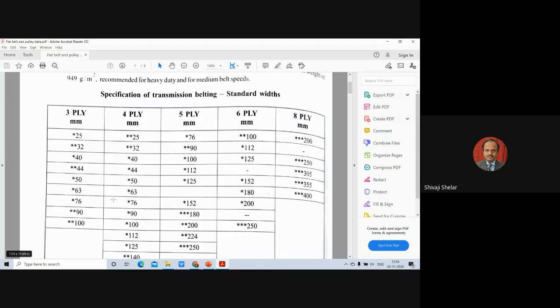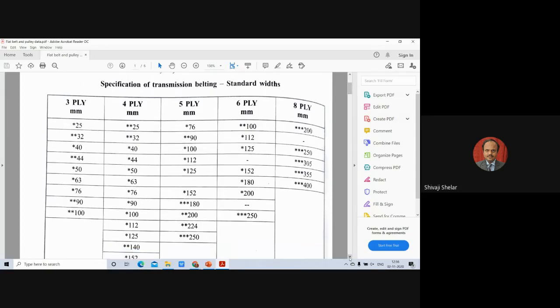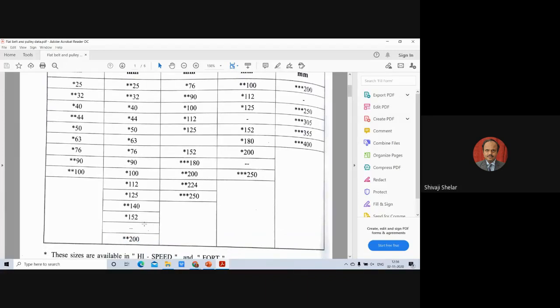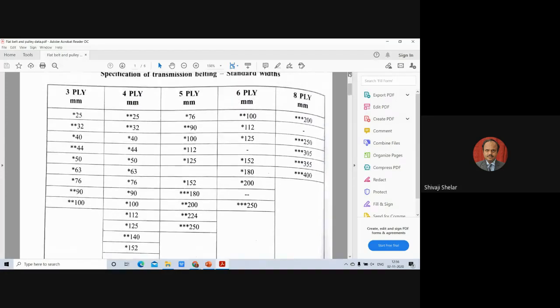If I use a 4-ply system, then 600 by 4 becomes 150. In this column also, the 150 width is not available in the mid range. It is available only on the extreme range here. So even four plies cannot be selected.